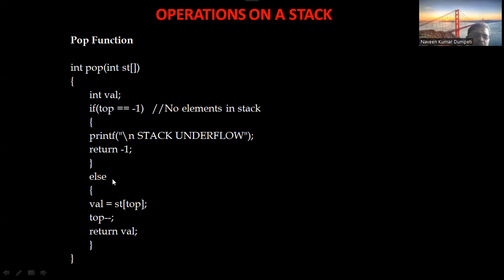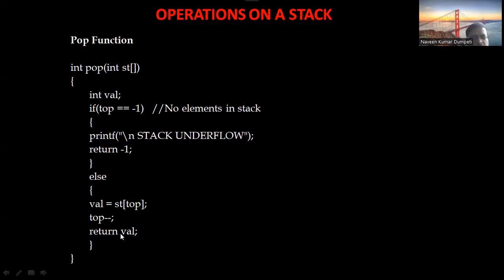If it is not empty, then we will store the topmost value into a variable val, and then we will decrement the index in the top variable so that it points to the second topmost value.